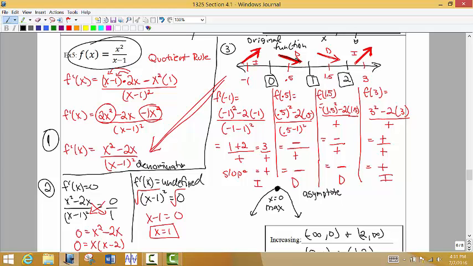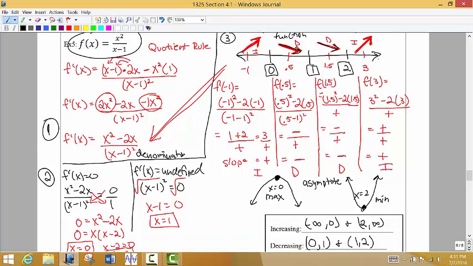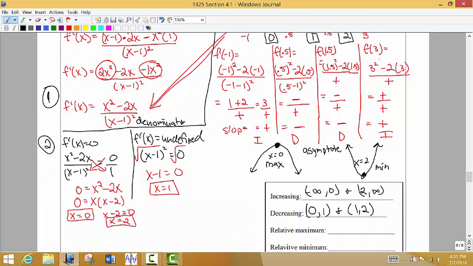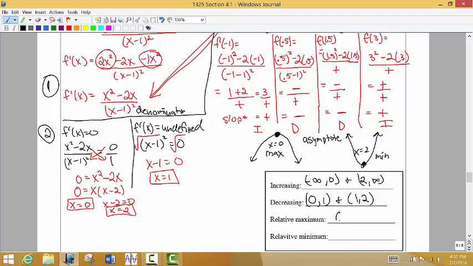But you notice that we're going downhill and then we're going downhill again, so that would not lead us to a relative max or a relative min. But at x equals 2, the last number here in the box, we're going downhill and then we switch to going back uphill. So this would tell me that at x equals 2, we have a relative minimum. So just think about the way that the graph would be moving to decide which one would be relative max or relative min. So a relative max occurs at x equals 0. The relative min occurs at x equals 2.